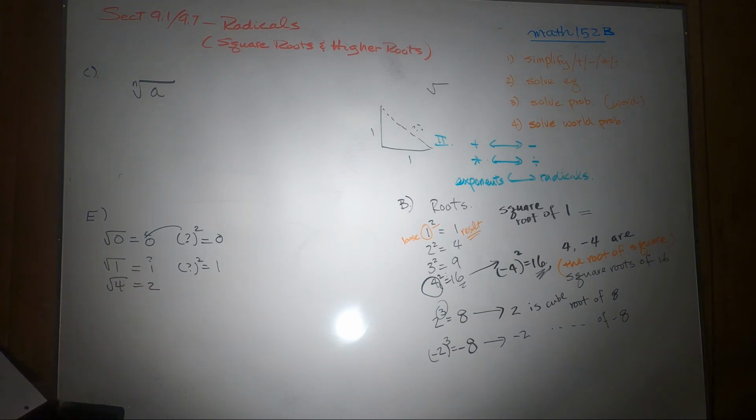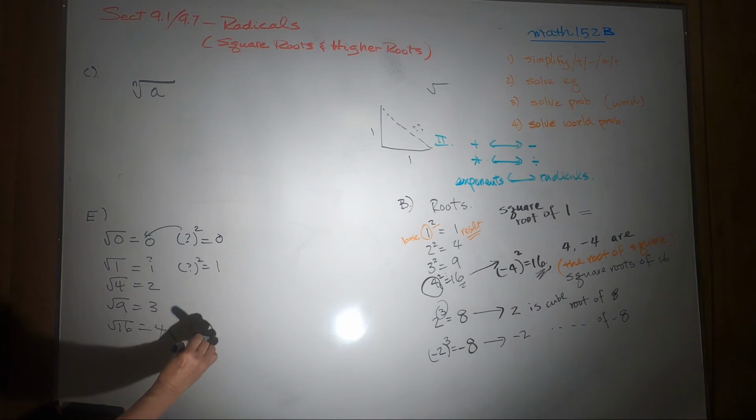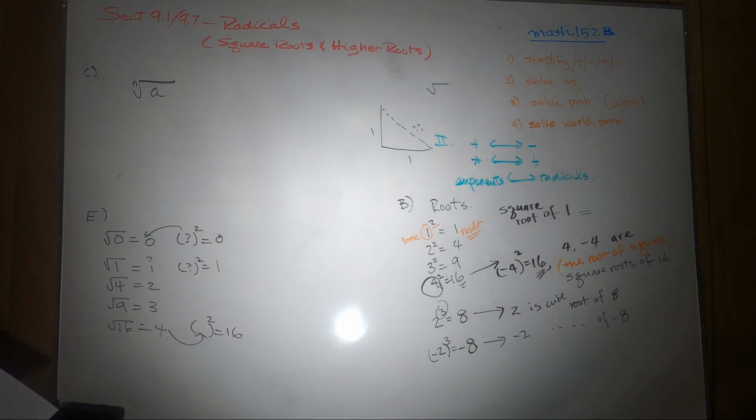That would be 2. Right? Then square root of 9 would be what? 3. Square root of 16 would be what? 4. Because this number, 4, take a square would be the result. Okay? When we use this, it is the square root.